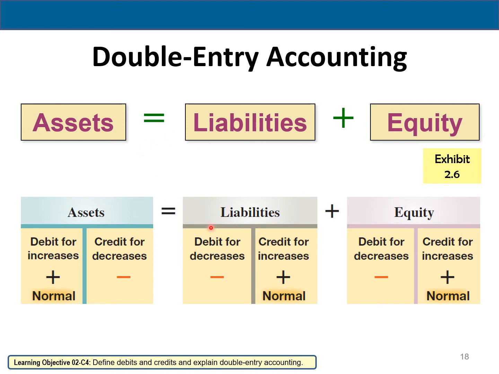Okay, this is probably one of those things that you're just going to want to memorize. I don't know that there's a whole lot of common sense behind it, other than I guess you could say because assets are on the left side of the accounting equation, you debit to increase them, or you use the left side of the T account to increase.